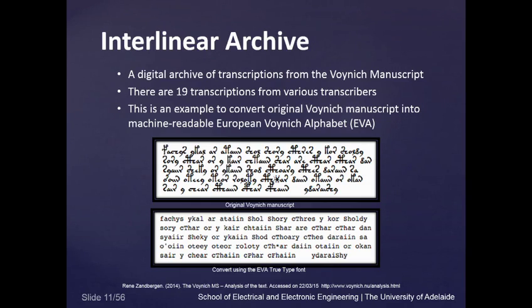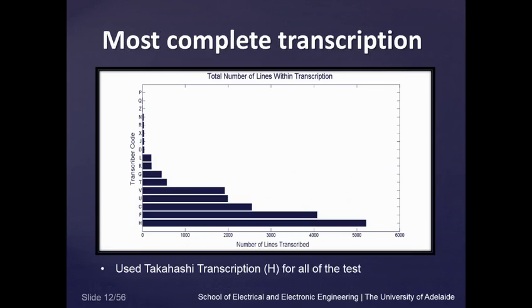This is an example where we use EVA. This one is the original in the manuscript, and this one is converted using EVA. There are 19 transcriptions from various transcribers, so which one do we use is the question.